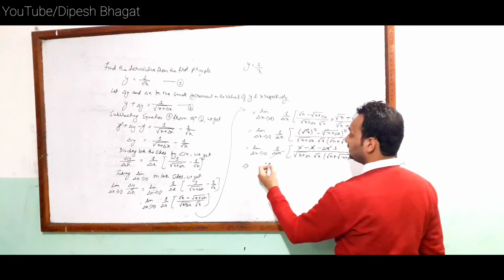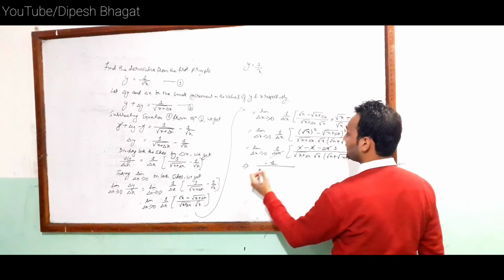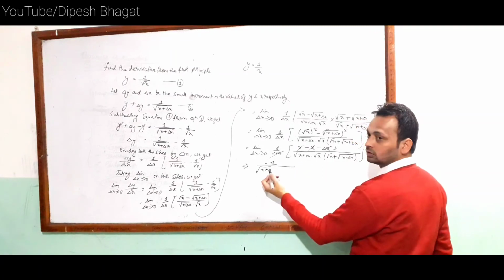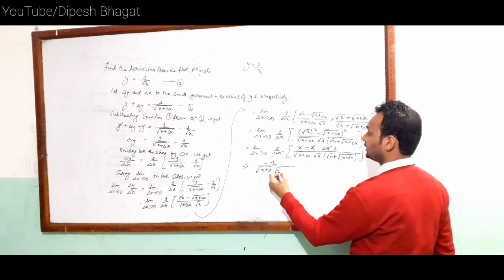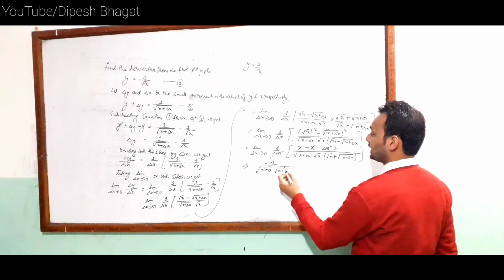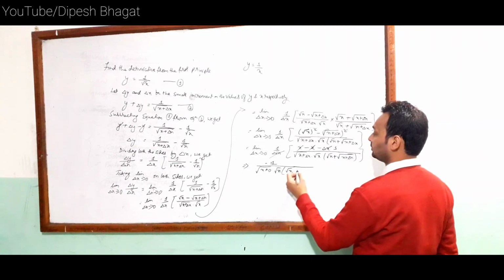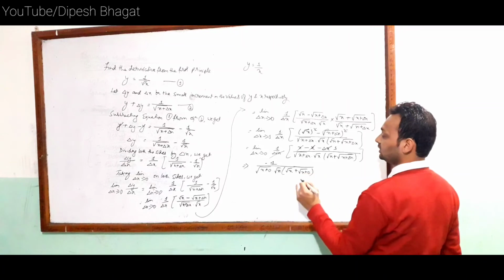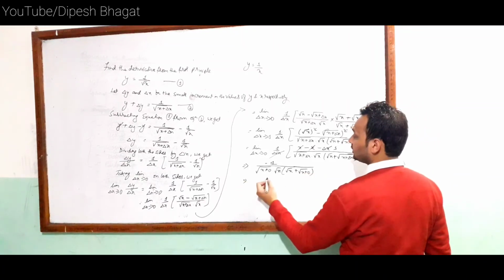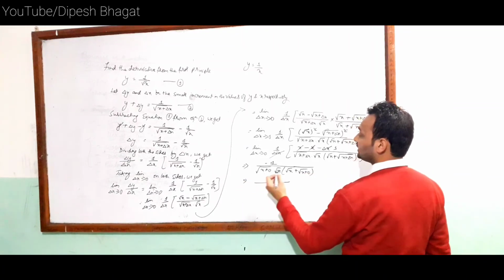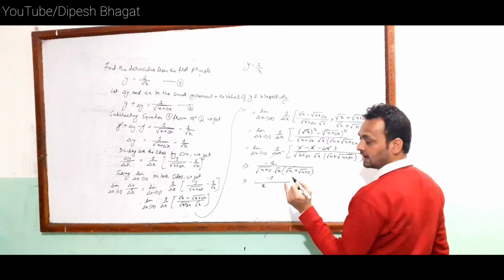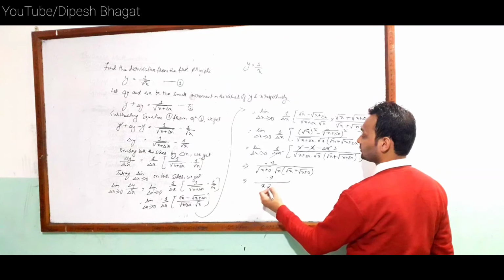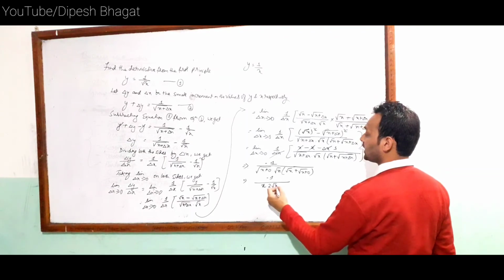So now the result will be minus 1. x plus delta x, the delta x value is 0, so let it be 0. After that root x, and then root x plus delta x means x plus 0. So now let's check. Minus 1, root x into root x will be x, root x plus root x will be 2 root x.